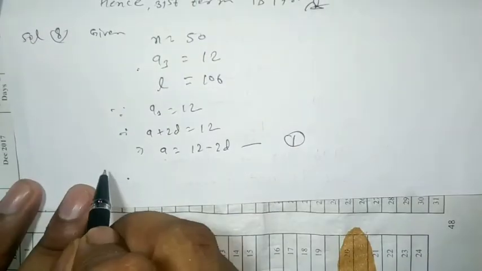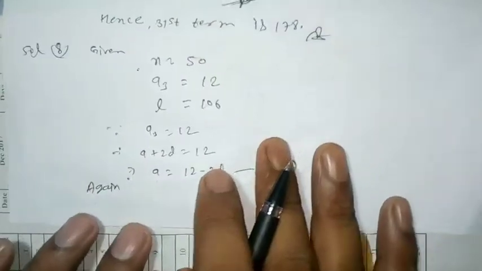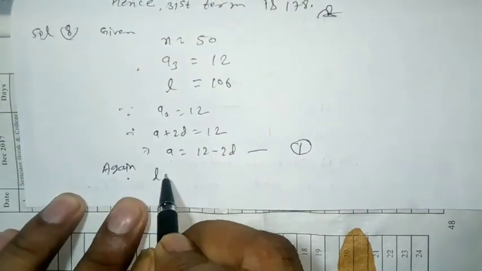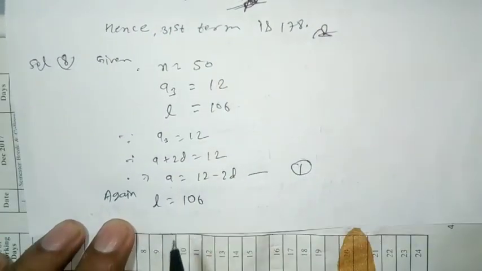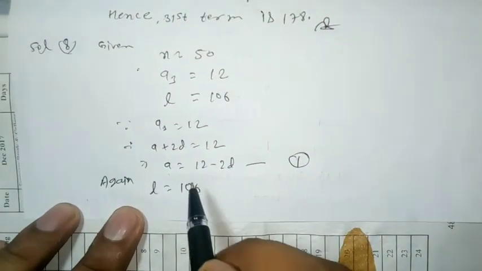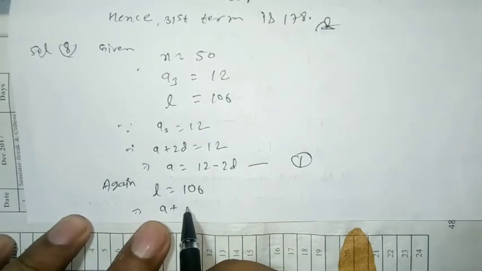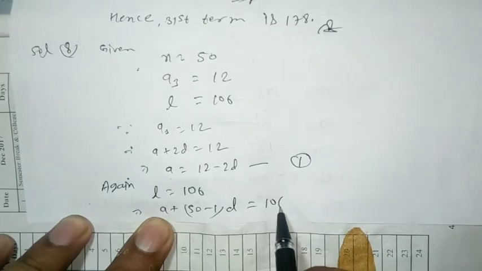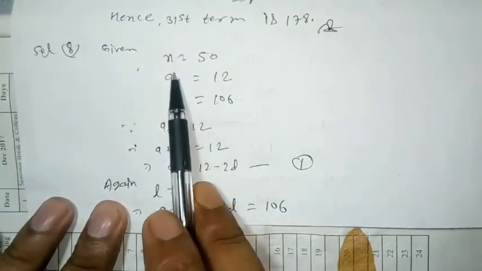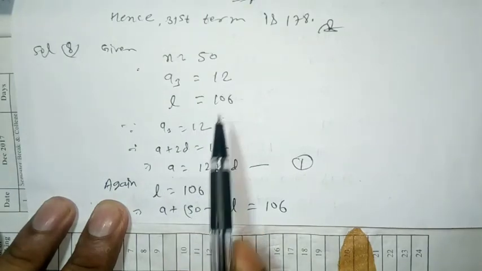Now, again, L is equal to 106 and N is equal to 50, so A plus 50 minus 1 into D is equal to 106, because L is the last term, it means that A50 is 106.